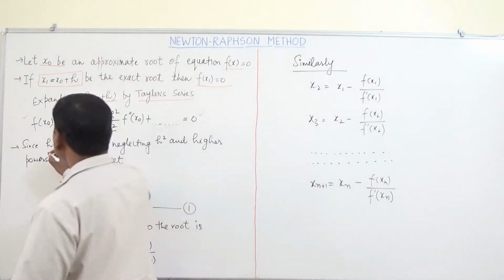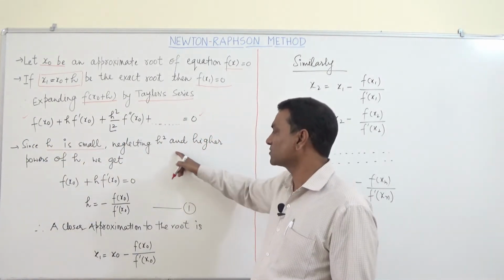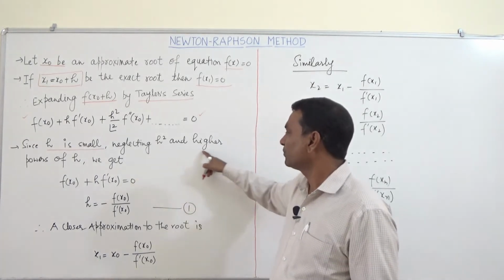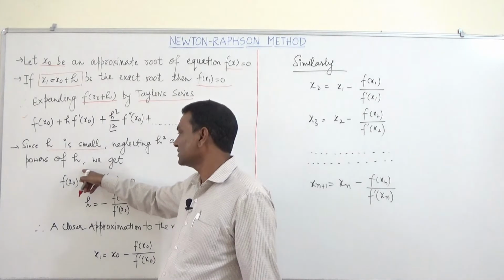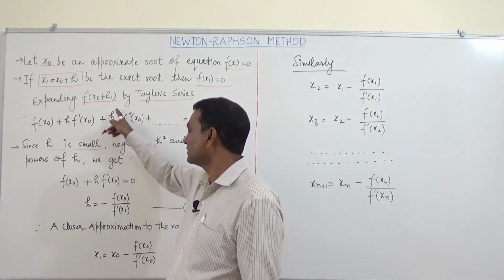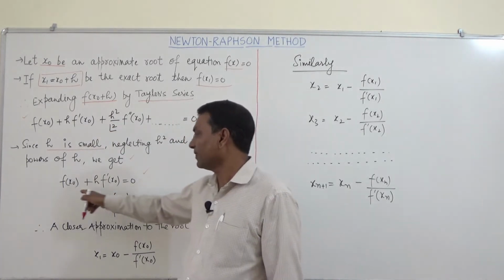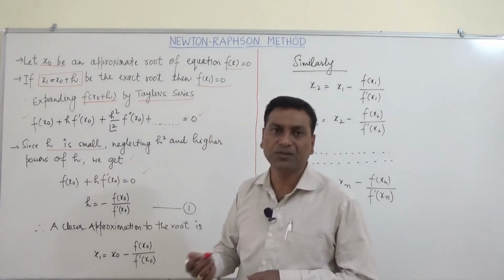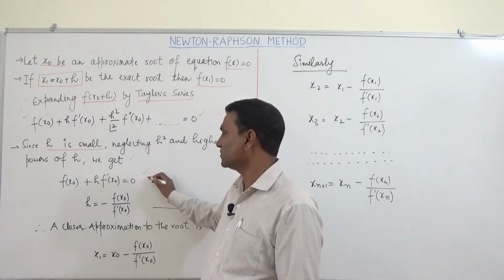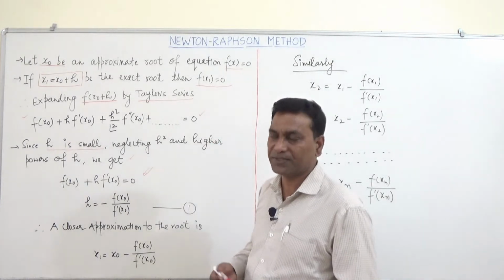As h is small, we neglect h square and higher powers of h, because they are going to be very small. Removing the terms from h square onwards, we are left with f(x0) plus h into f'(x0) equals 0. In this way we can find the value of h.